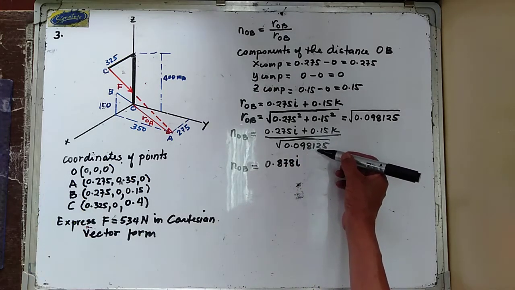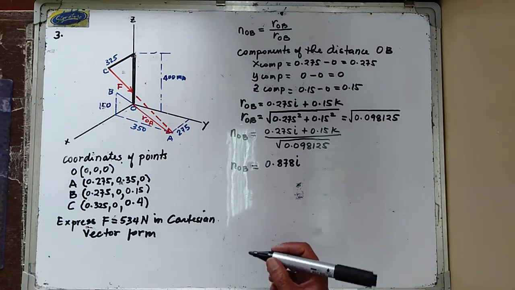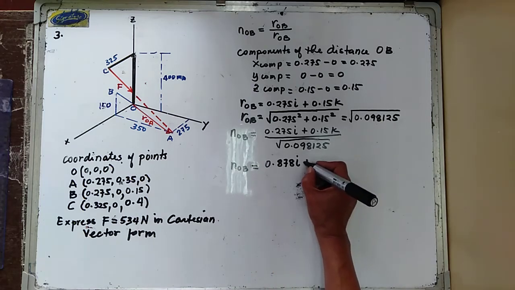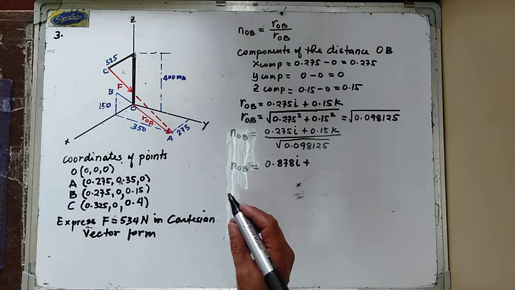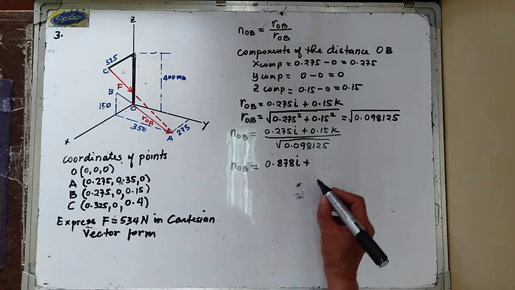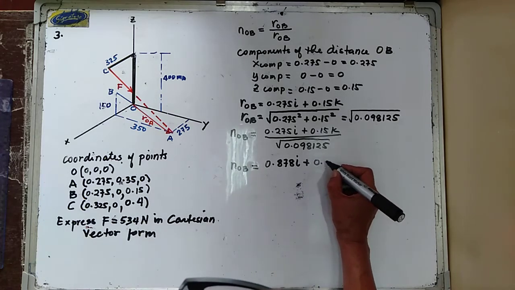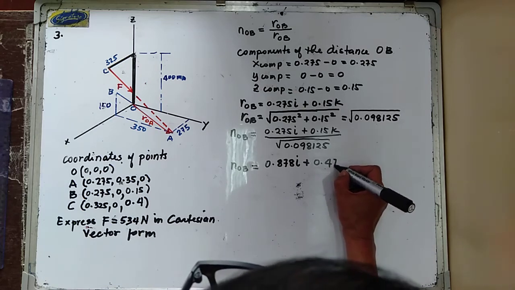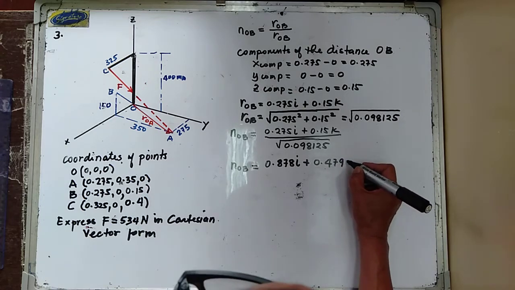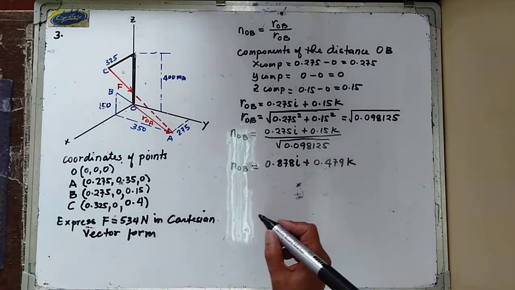And 0.15 over the square root of 0.098125 is equal to 0.479, and that one is K.